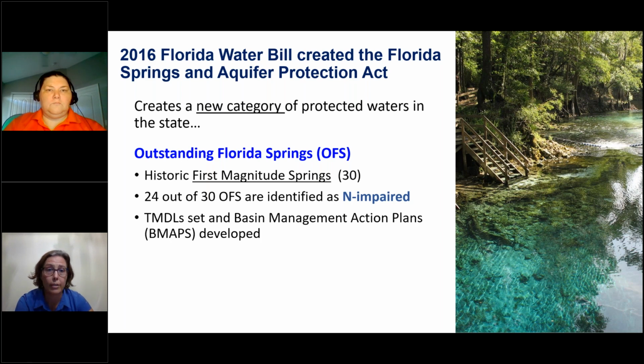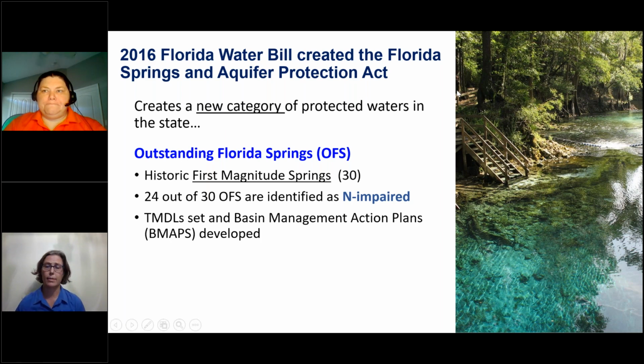We have about 30 of these historic first magnitude springs, and that means their discharge is on average 100 cubic feet per second or greater. 24 of these outstanding Florida springs are identified as nitrogen impaired, and so TMDLs have been set for all of them, and basin management action plans, or our famous BMAPs, have been developed and approved for 13 of these spring systems.